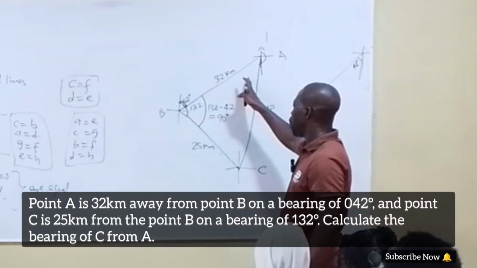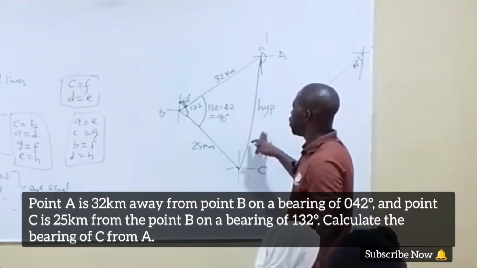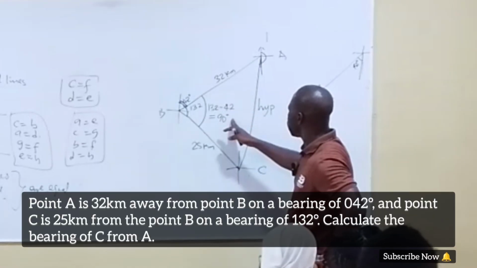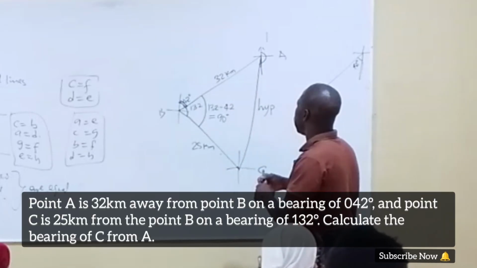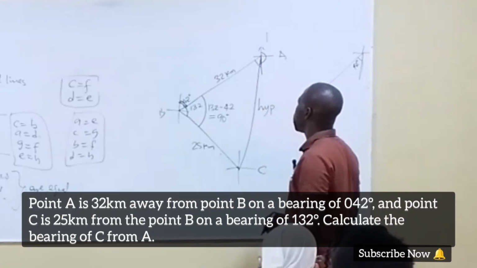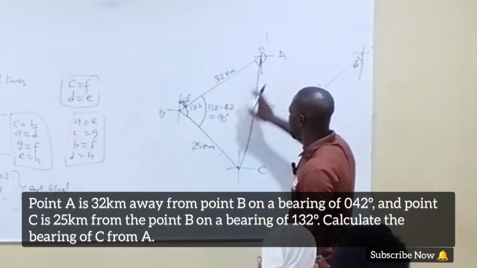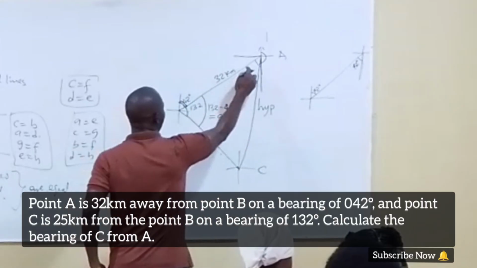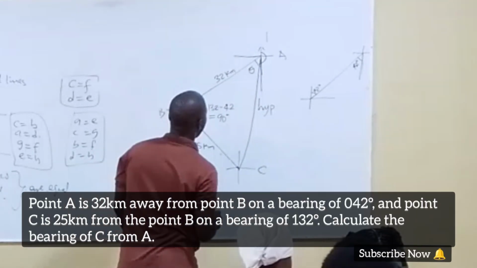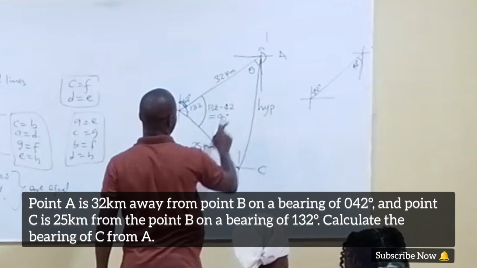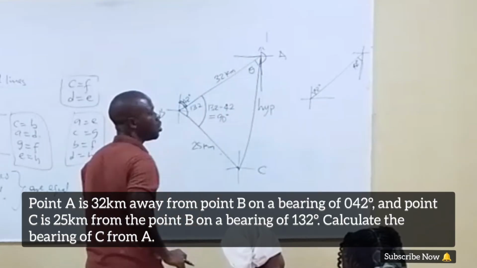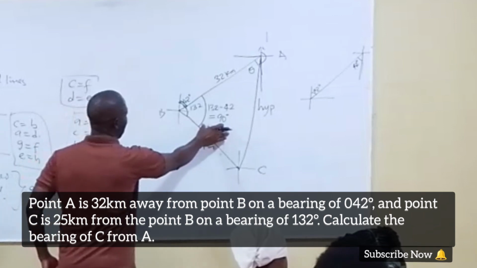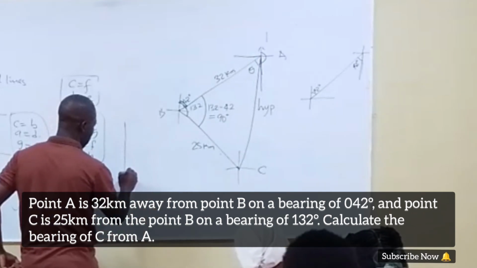But first of all, let's look at what we can do. We already have our right-angled triangle. We need to get this angle first, because we are looking for the bearing of C from A. If we call this angle theta, tan theta is opposite over adjacent. Let me redraw this as a right-angled triangle so that you see it properly.